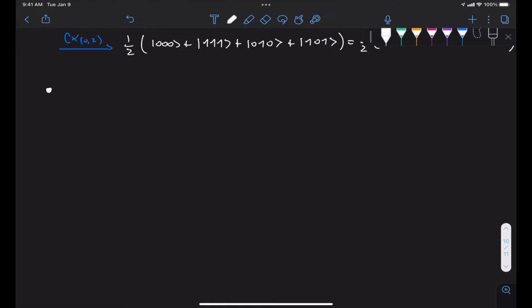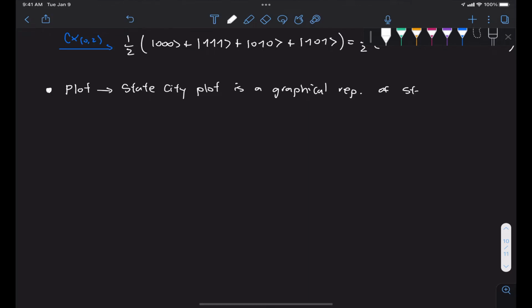So just let's write down what we just said. So this plot, which is called a state city plot, is a graphical representation of a state's density matrix.